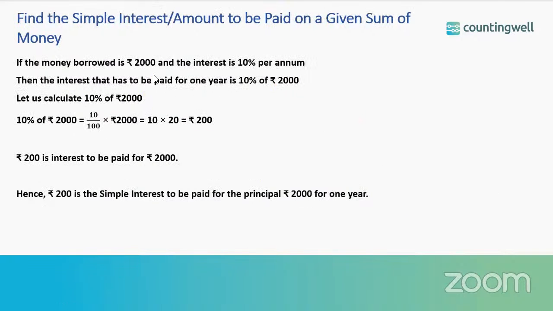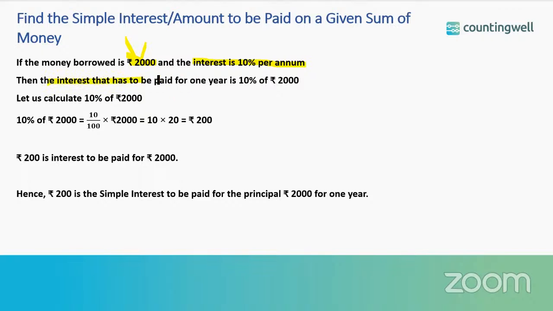Let us see one problem and try to find simple interest or the amount to be paid on the given sum of money. A person borrows an amount, or we can say the principal sum, of 2000 rupees, and the bank has interest of 10% per annum.